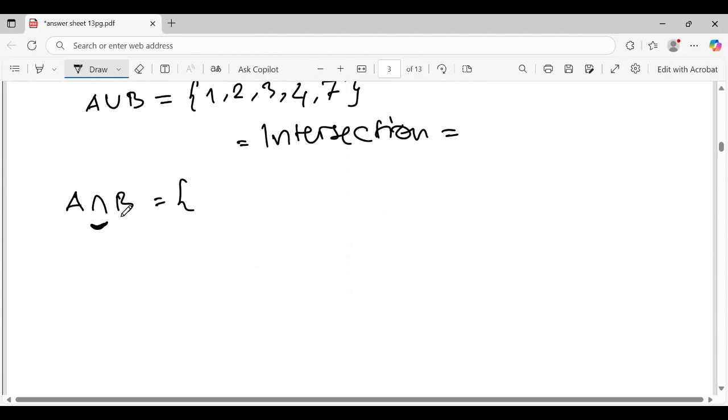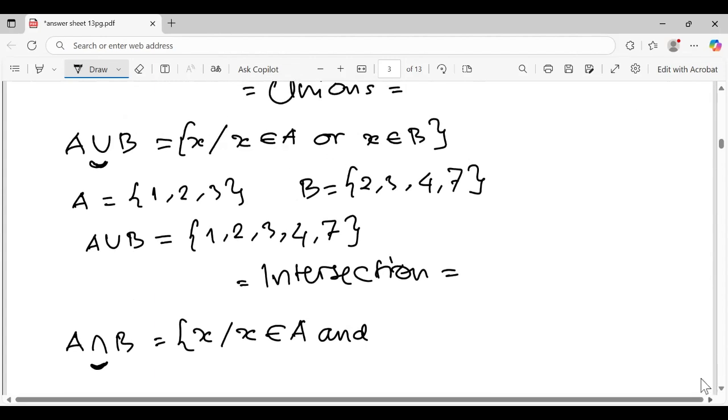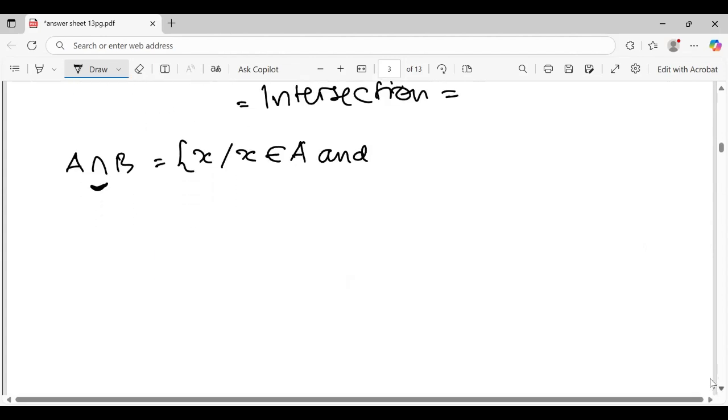Set A intersection set B equals X, which X is an element of set A, and pay attention that just now for unions we use or, and for intersection we use and. So A intersection B equals X, which X is an element of set A and X is an element of set B, like that.